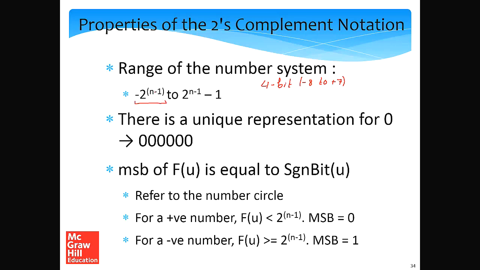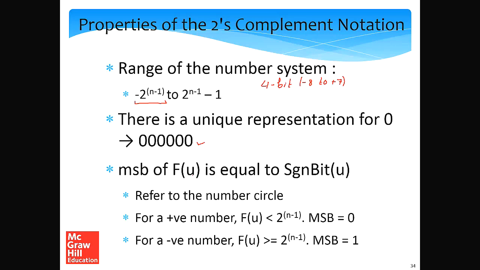You can substitute the value of 4 over here and you'll find it's minus 8 to plus 7. So this is the first property. One thing we can infer from here is that we have one more negative integer than the number of positive integers, but that is because we have to accommodate 0 also. There is a single unique representation for 0, which is all zeros, which is a very good thing. This is something that we wanted.